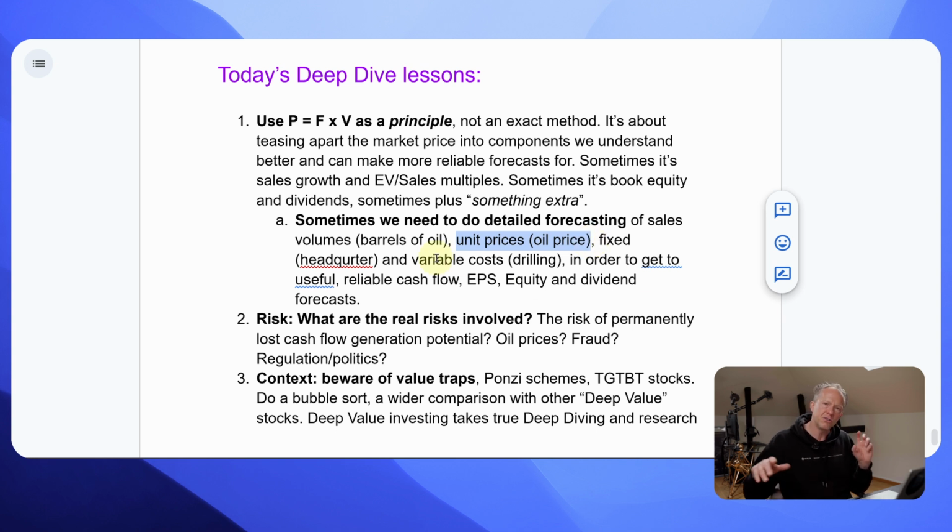And in order to get to earnings per share, we shouldn't just assume some kind of a profit margin, because we saw that those varied wildly, as did their return on equity. Instead, we need to go and analyze costs separately. So both variable costs, that would be their all-in sustainable cost of extraction, of getting the stuff out of the ground and refining it and getting it to clients.